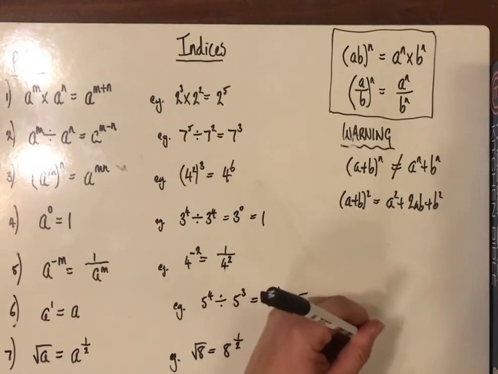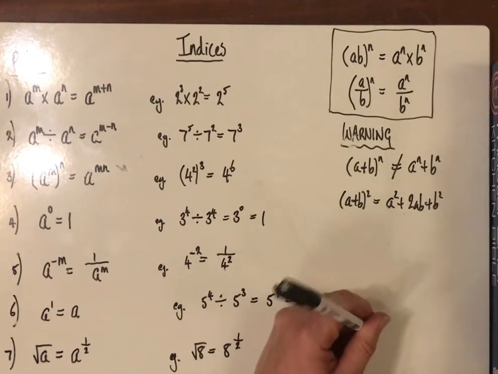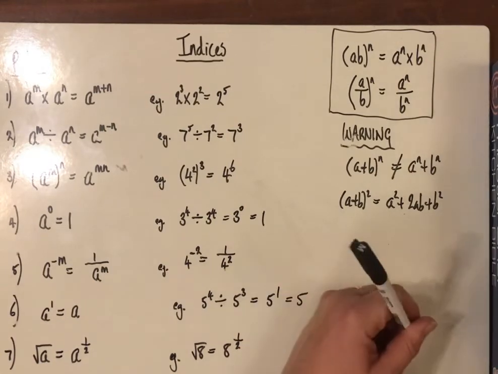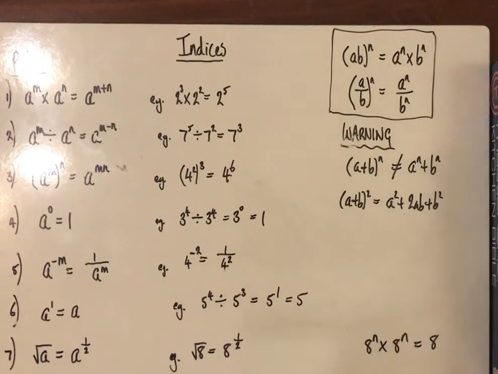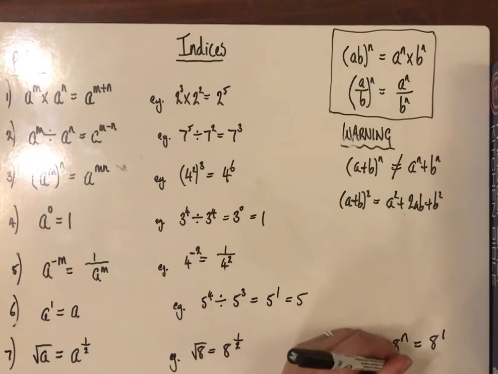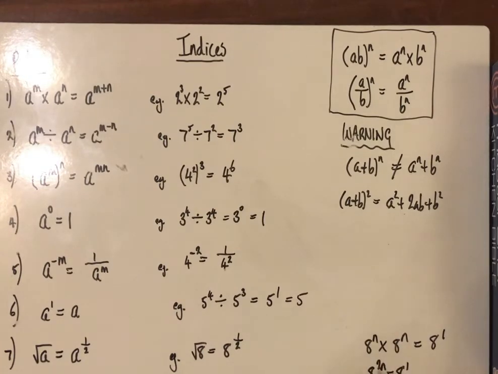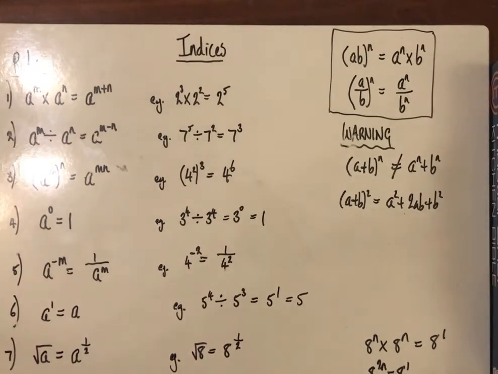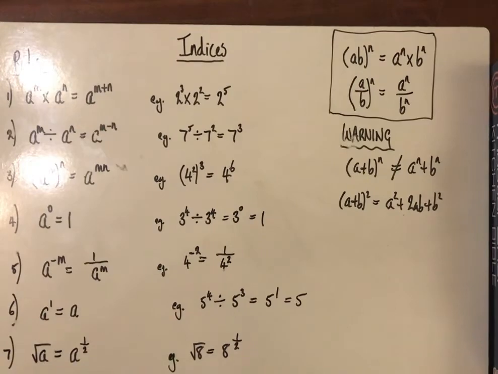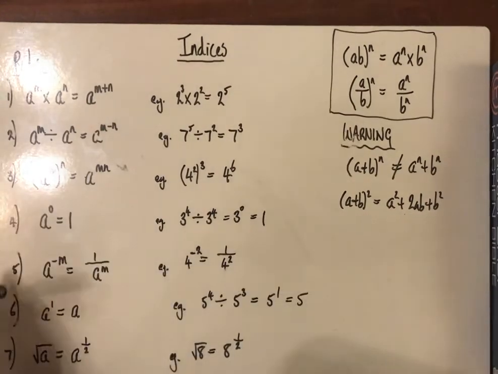So if you've got 8 to a number times 8 to a number is equal to 8. Remember, 8 is the same as 8 to the power 1. When you multiply, you add your powers. So 2n must equal 1, and n must be a half from there. And then following on from here, we can talk about an nth root.